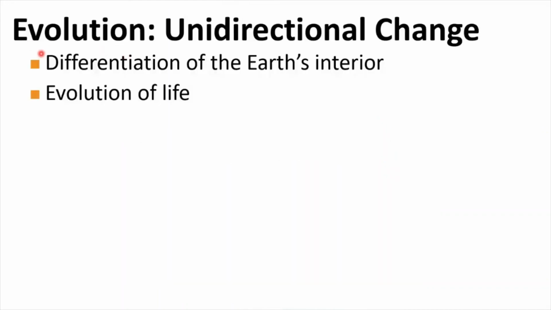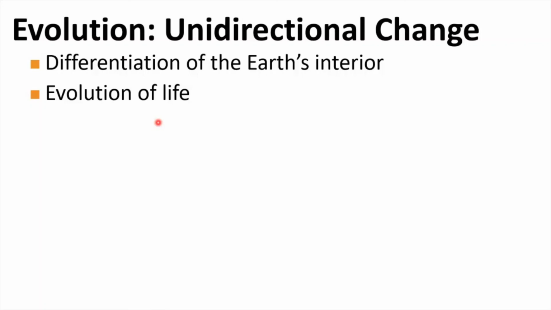Now, when we talk about evolution, this is basically the evolution of life. And as we talked about with the principle of fossil succession, when we see the different fossils recorded in Earth's history in the rocks, we can see that there has been change. There are things in the fossil record that no longer exist today.